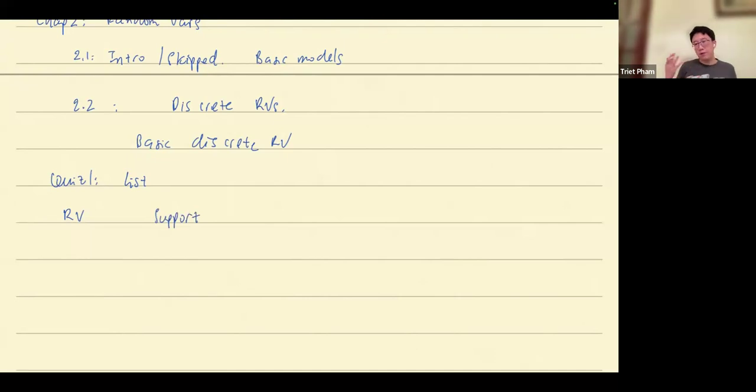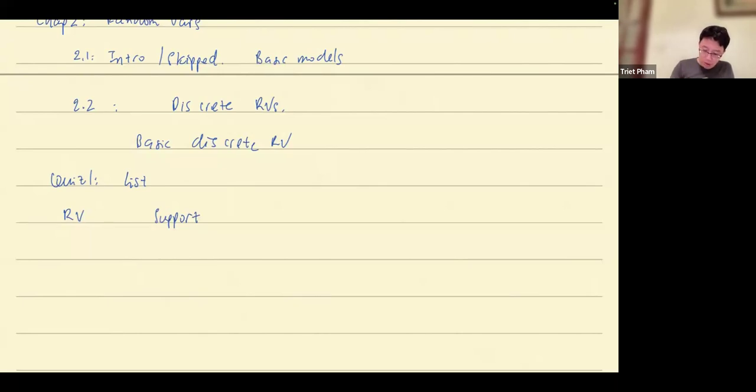Basically, the support of a random variable is the range of values where the random variable takes non-zero probability or non-zero PDF density. So that's basically the range of values that the random variable takes.